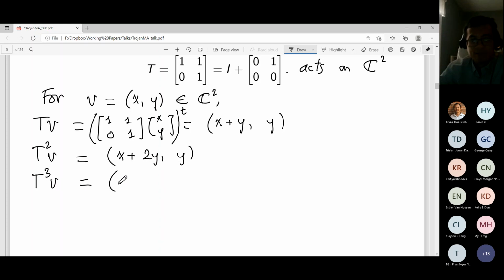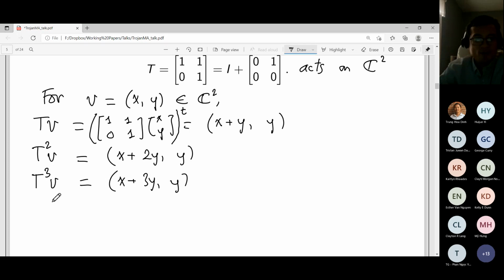Then we will have X plus 3Y, Y. Of course, you can see the pattern, the familiar pattern because of the Jordan block: X plus Y, X plus 2Y, X plus 3Y. But an interesting thing we can realize is as follows.